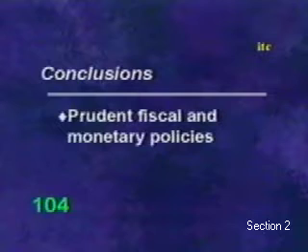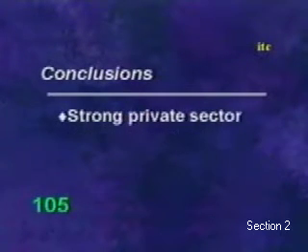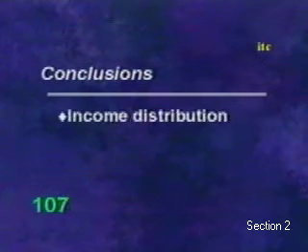Number 4, export-oriented development strategies. Number 5, relatively prudent and sound fiscal and monetary policies. Number 6, a strong incentive to attract entrepreneurs. Number 7, development of a supportive bureaucracy. Number 8, a tolerable level of income distribution.